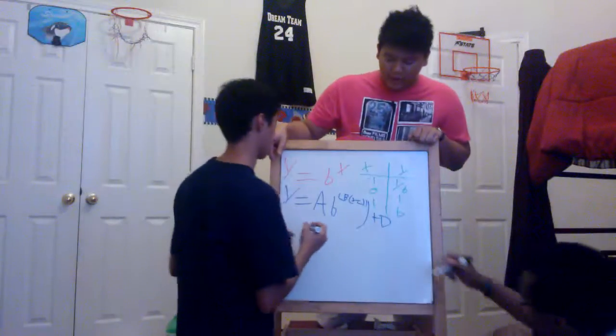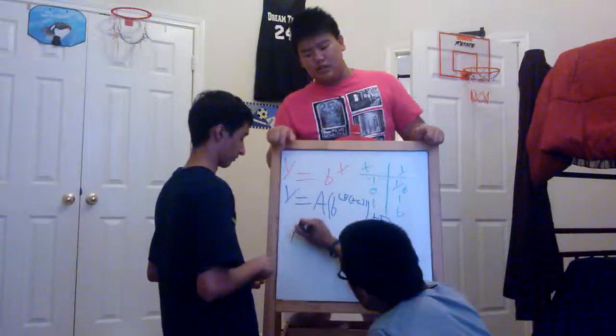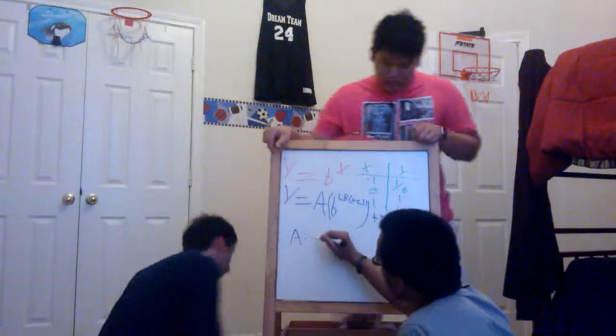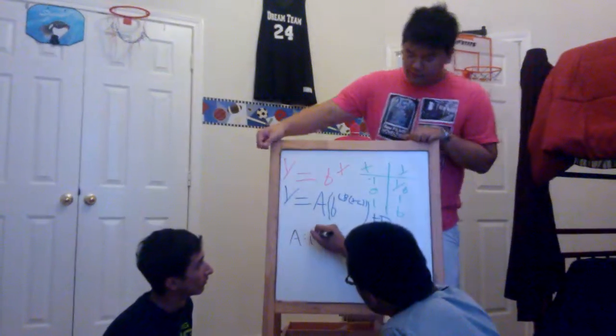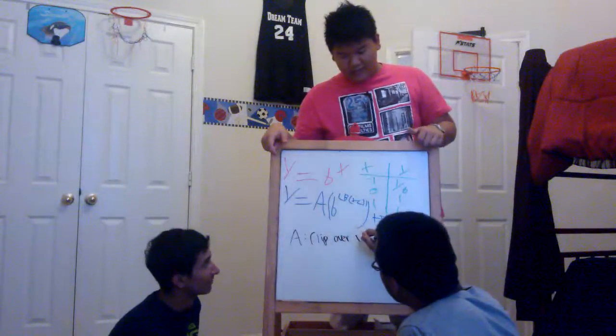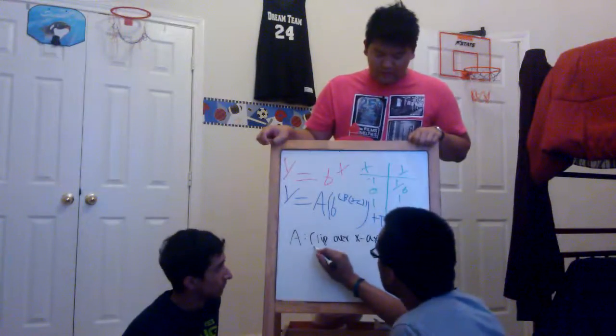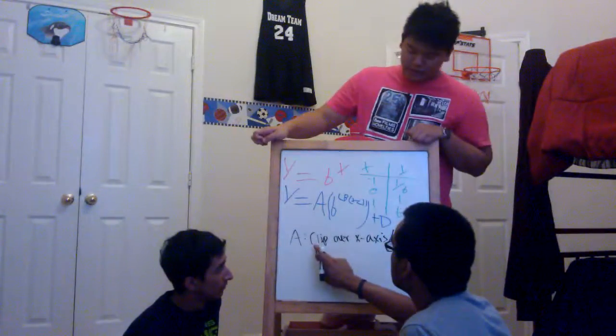Alright, so we're going to explain to you guys what the ABCD stands for. We call that the ABCD rule. A indicates if it flips over the x-axis or not, and the vertical stretch or compression.